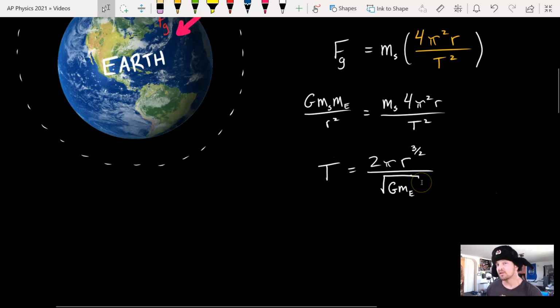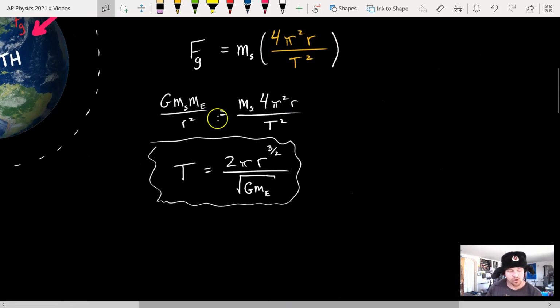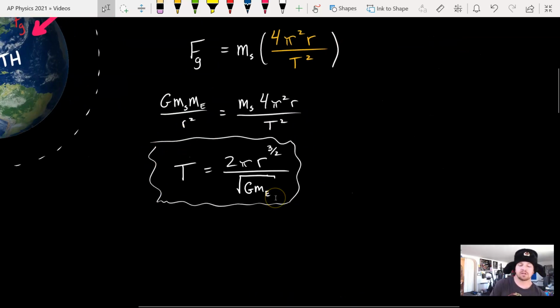Now this is a lot uglier than our speed equation, just because there are weird exponents, square roots and denominators, but this is what we end up looking like if you're trying to solve for orbital period.